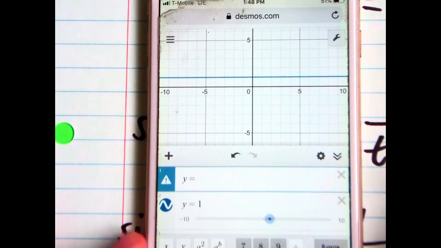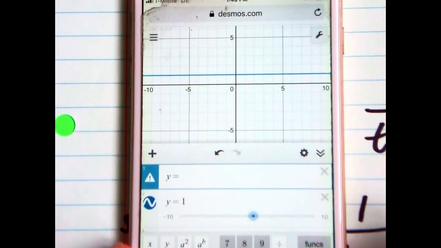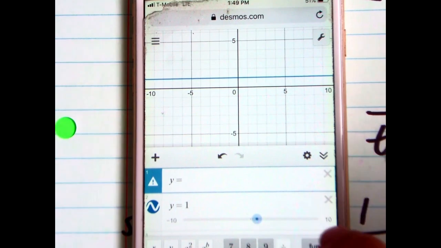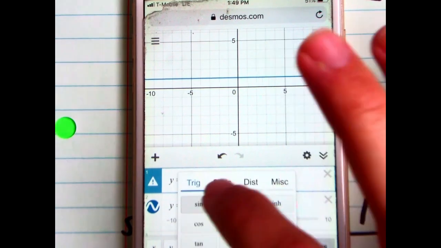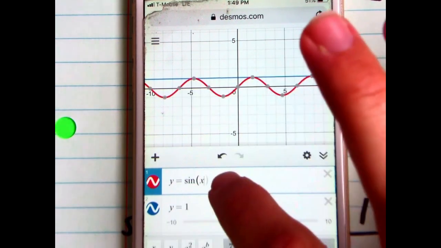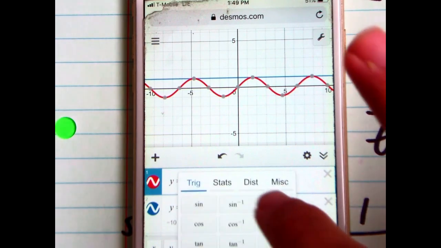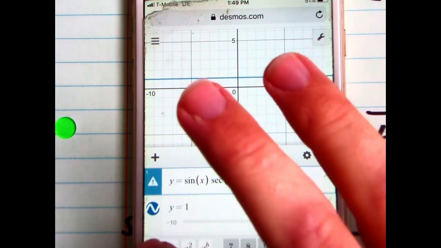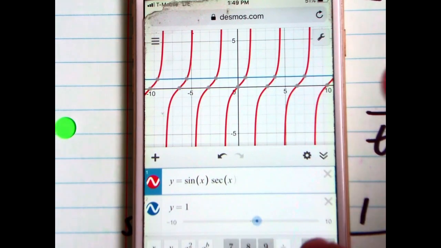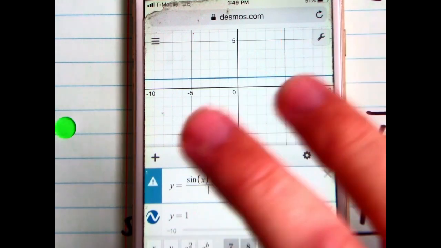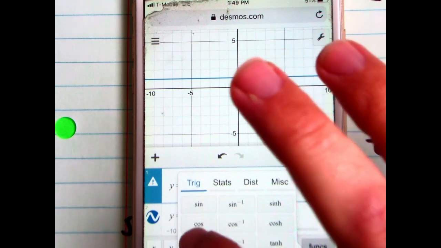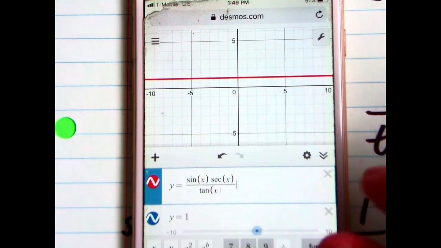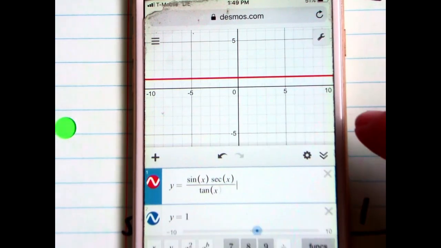The original problem was sine x times secant x all over tangent x. So using your graphing calculator or using desmos.com, let's graph that original problem. Sine x, secant x, all over tangent x.